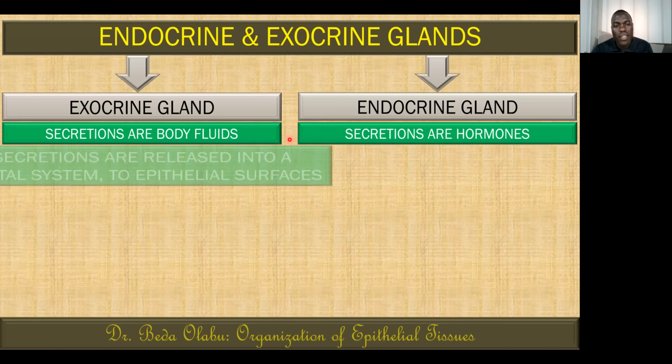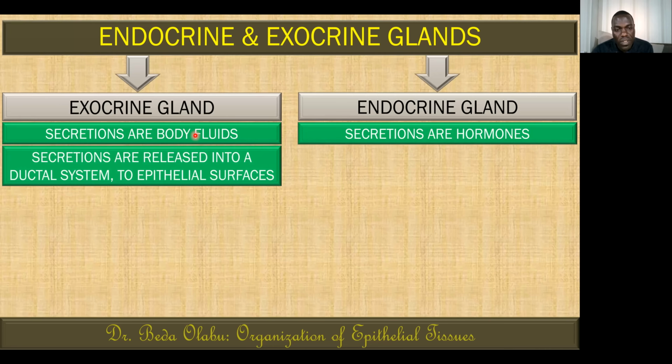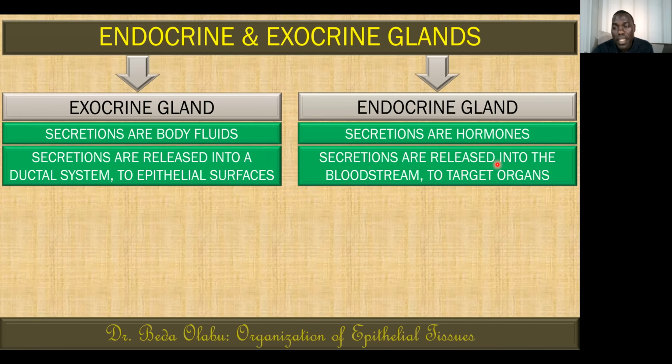The exocrine glands release their secretions, these body fluids, into ducts. And these fluids are then transported by these ducts to epithelial surfaces. On the other hand, endocrine glands secrete hormones into the bloodstream, and these hormones are then transported to various target organs.